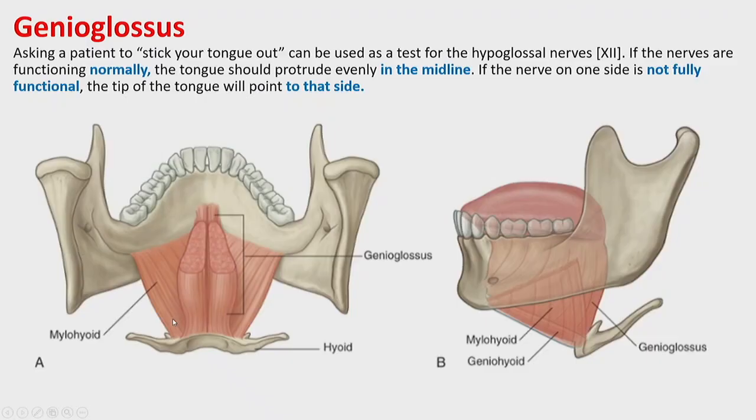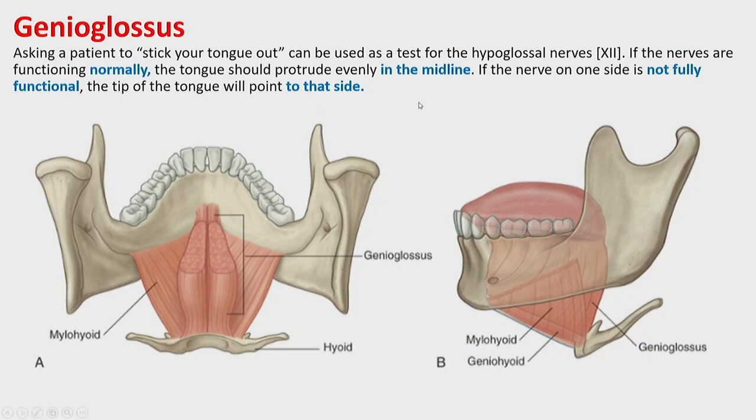So one by one, I will show you these important muscles. The genioglossus. Here is the genioglossus. For the examination of this muscle, you just ask the patient to pull out his tongue from the mouth, or protrude the tongue.